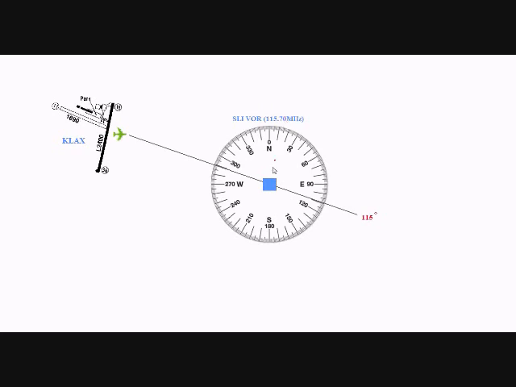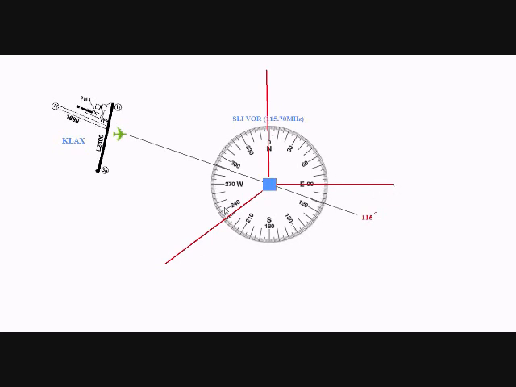Now, as you can see, you can approach this station from different headings. You can approach it from north. You can approach it from southwest. You can approach it from east or any other directions.